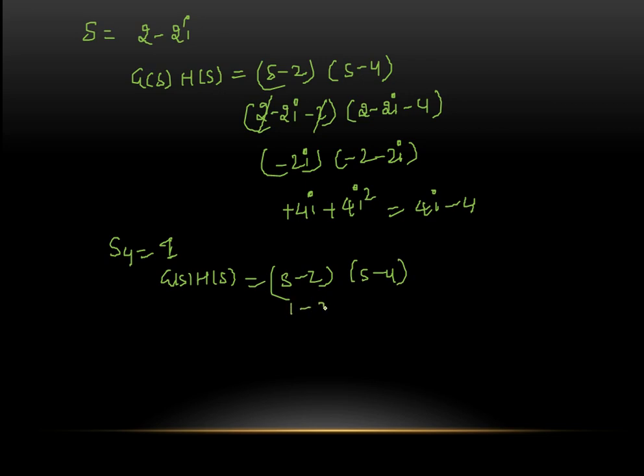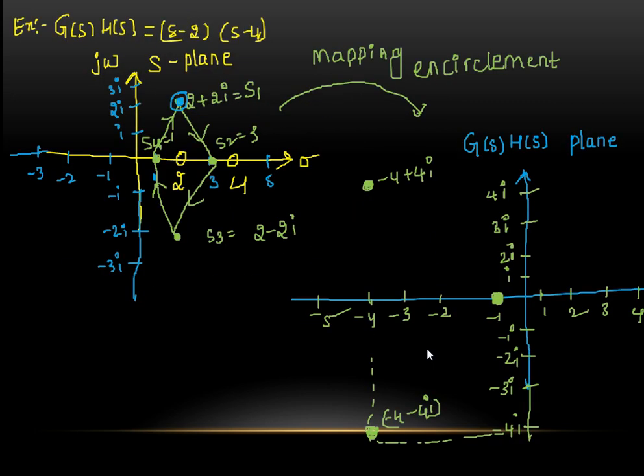So (1 minus 2) multiplied with (1 minus 4). 1 minus 2 is minus 1, 1 minus 4 is minus 3. So we are getting minus 1 into minus 3, that is nothing but plus 3. So I am locating that point in the given G(s)H(s) plane, that is plus 3.